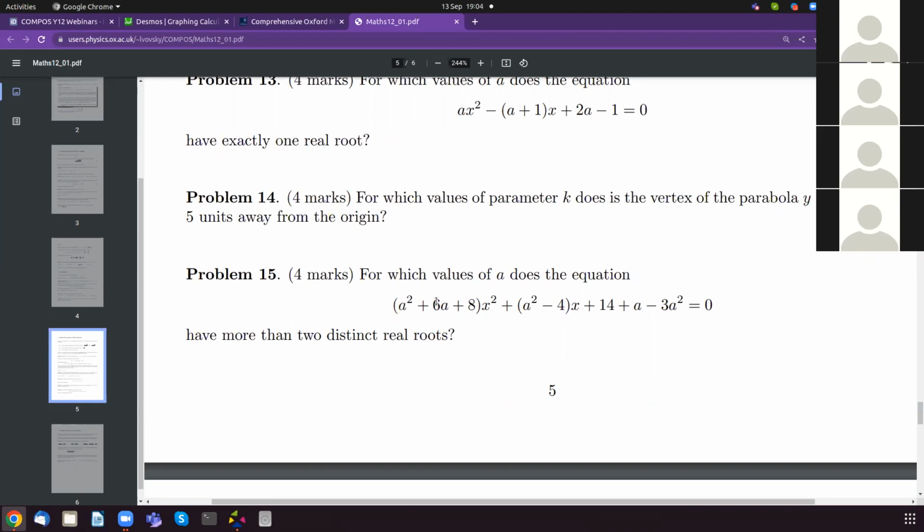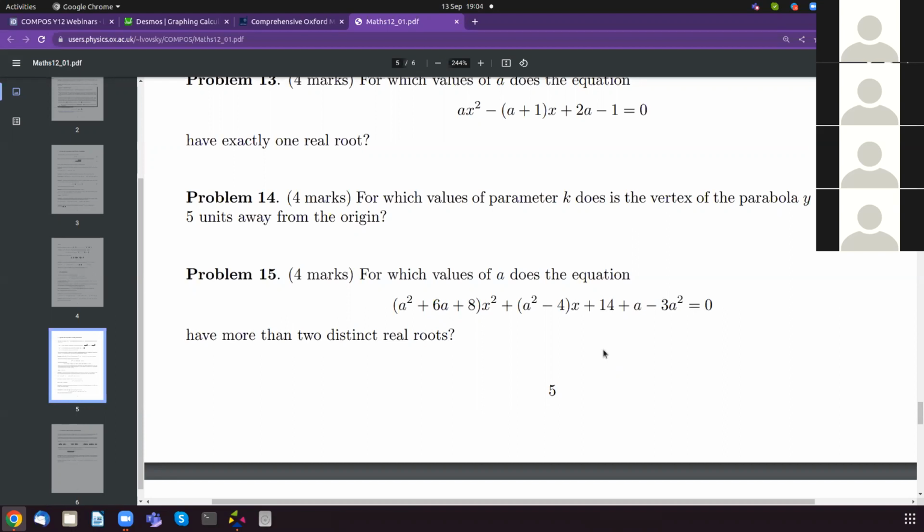So you just find the values of a, b, and c here. So a is a squared plus 6a plus a, because that's what x squared is multiplied by. And then do the same for b and c. So c is 14 plus a minus 3a squared. And then you put that into the discriminant.